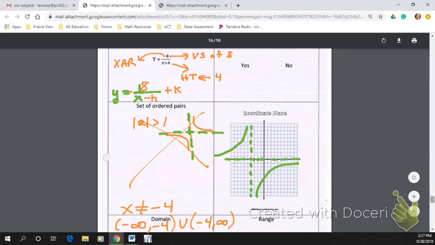So the range is going to be. So range, what can my Y value not be? 0. Yeah, scan up and down. This graph exists everywhere from bottom to top except for at 0. So my Y cannot be a 0. But they don't want to know what it can't be.